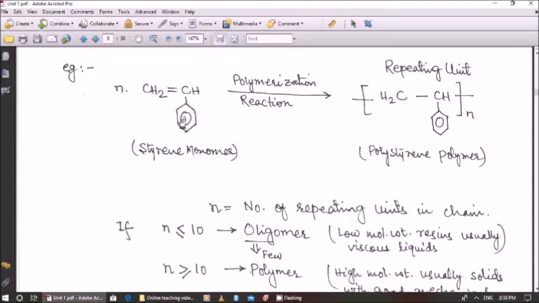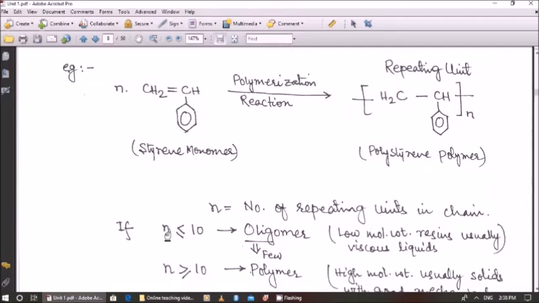So here again we are taking this example. Here is the styrene monomer. When it will undergo the polymerization reaction, it will form polystyrene polymer, and we will write the polymer in repeating unit inside the bracket, and writing the number of repeating unit as subscript n.